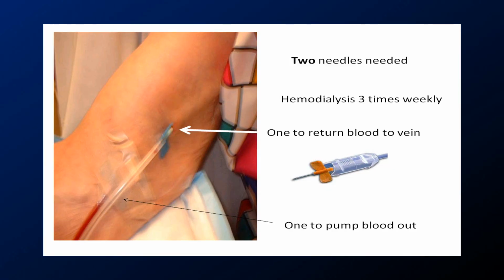So Dr. Nguyen, how do we access the vascular system of these dialysis patients? Well, we need 2 needles. And this is one needle that I showed here. This one to pump blood out and one to return blood. And we need to do dialysis 3 times a week for the rest of the patient's life.